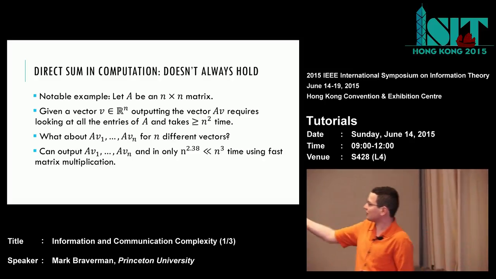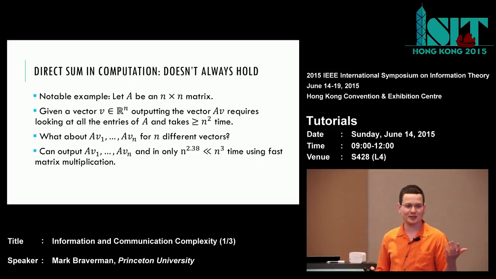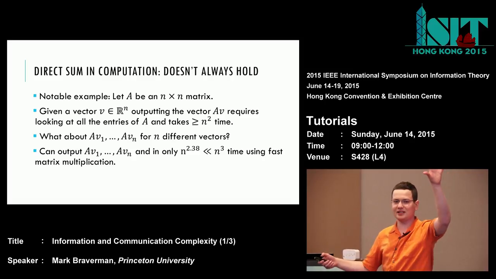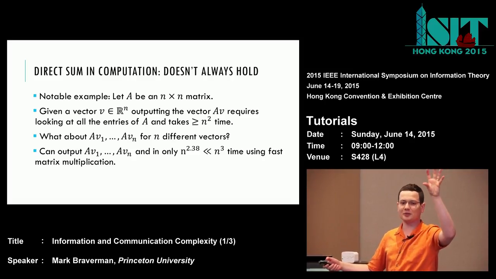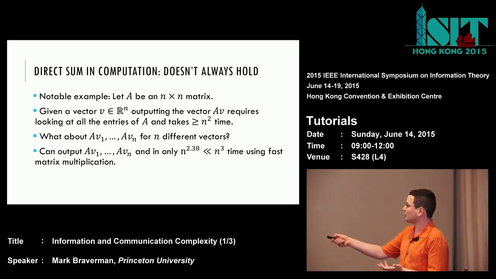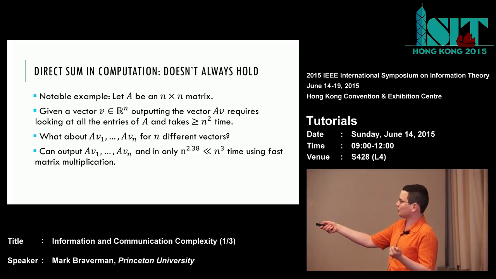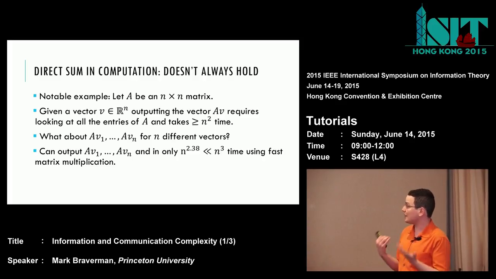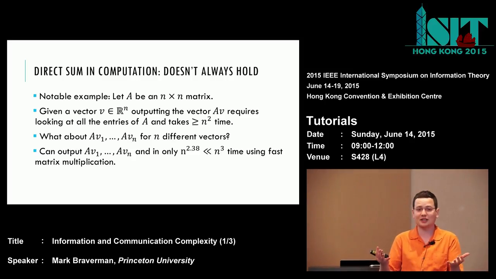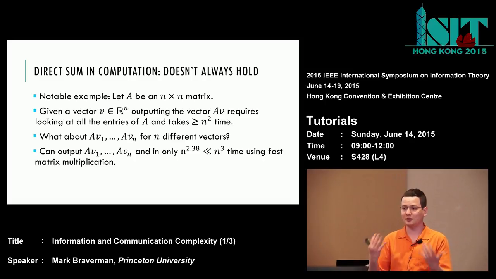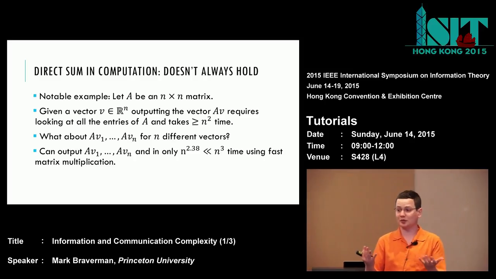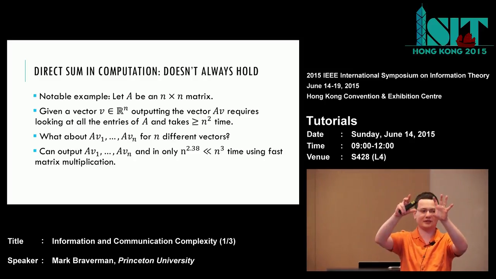But here is a spectacular example where direct sum fails elsewhere in computation. Consider the problem: I take some random matrix A and consider multiplying A by a vector V. Given a vector V, you want to output A times V, and it's not hard to see that just because of the size of the input, you need n squared steps of computation to multiply an n by n matrix by a vector.